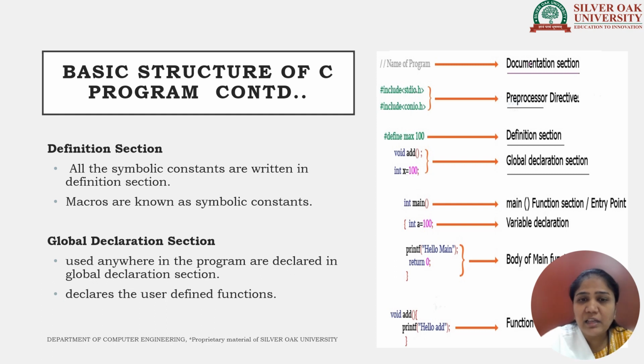So this variable a is accessible only within this scope. If I want to access this variable a outside main, say, for example, in the add function I am printing the value of a, then I will get an error. Why? Because this is a local variable. But if I use x inside the main function as well as the add function, I will get the result. Why? Because this variable x is declared globally. So that is why it is accessible.